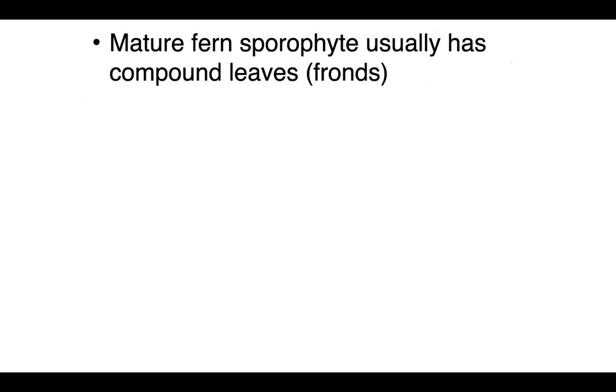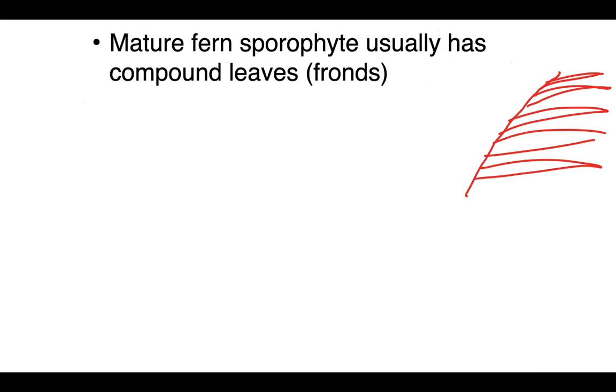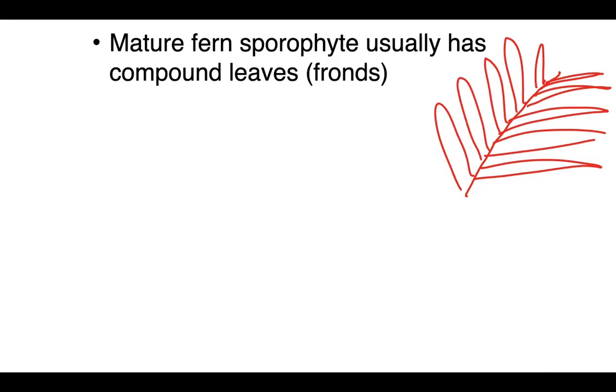The mature fern sporophyte usually has compound leaves, which we call fronds. That's when you've got the stem that comes out and you've got these very long, thin leaflets. It's kind of not too horrible, but this whole thing is a frond.